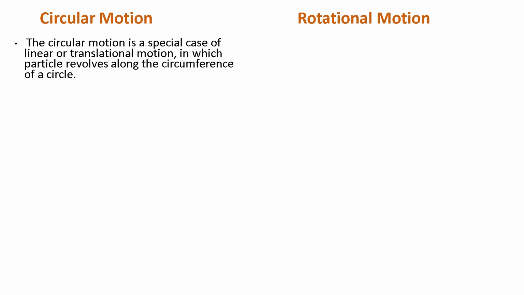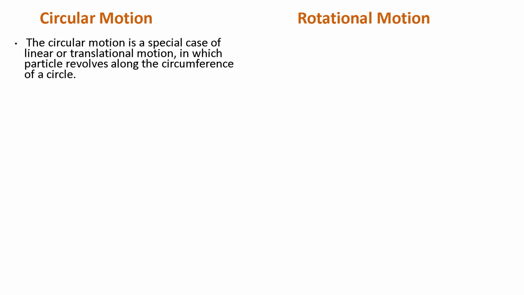Let us distinguish between circular motion and rotational motion. Circular motion is a special case of linear or translation motion in which a particle revolves along the circumference of the circle. Here the whole body performs a circular motion.